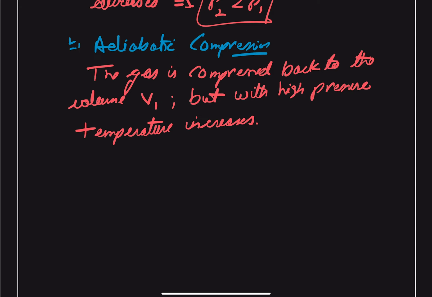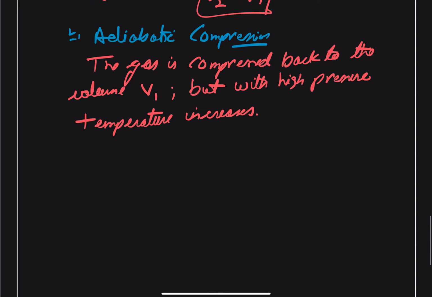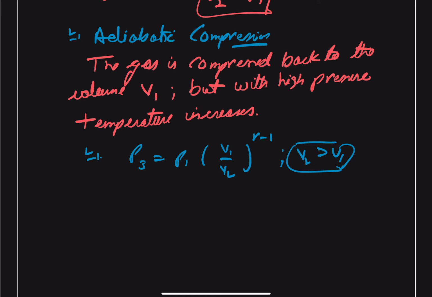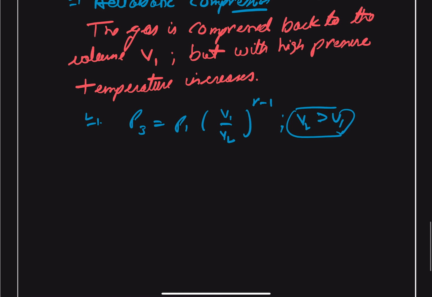Therefore, we already know the equation for the adiabatic process. We can write that P3 can be written as P1 times (V1 by V2) to the power gamma minus 1, and we already know that V2 is greater than V1, and also gamma, which is our adiabatic index, is greater than 1.